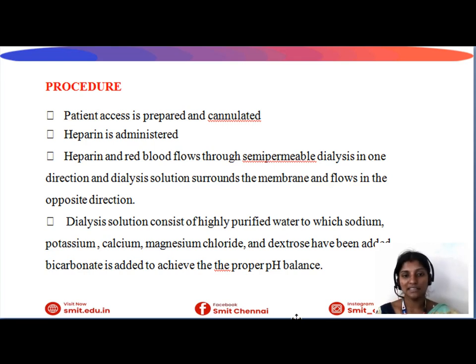The dialysis solution consists of highly purified water to which sodium, potassium, calcium, magnesium, chloride, and dextrose have been added, and bicarbonate is also added for the pH balance. Proper pH balance should be maintained during the dialysis process, so we are using bicarbonate for that.